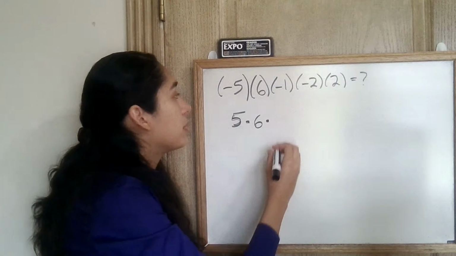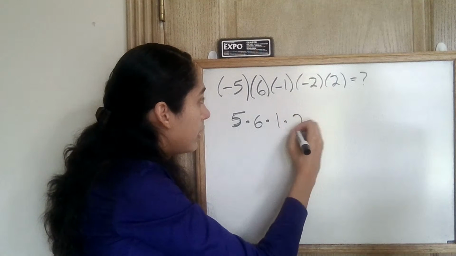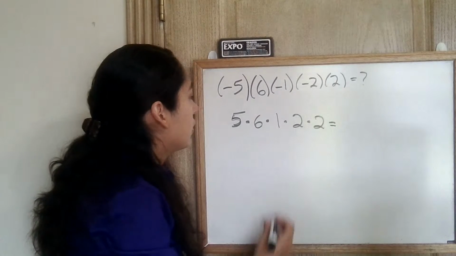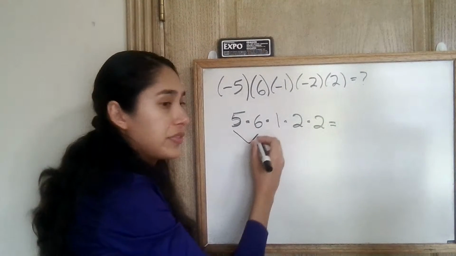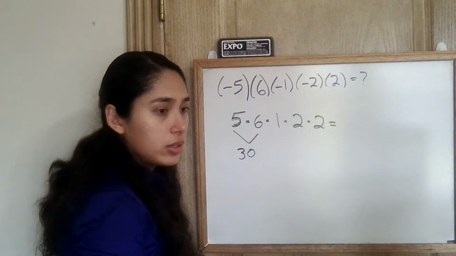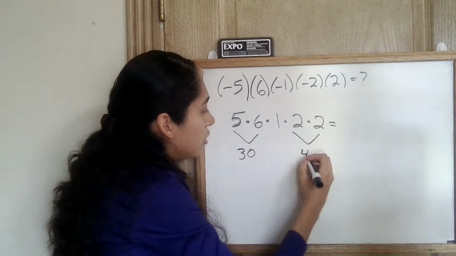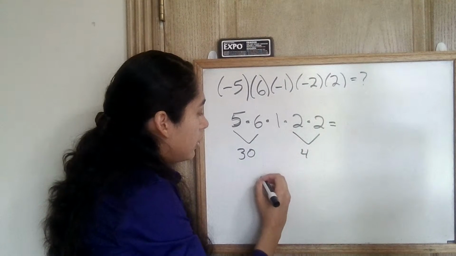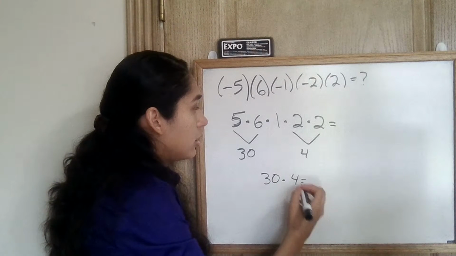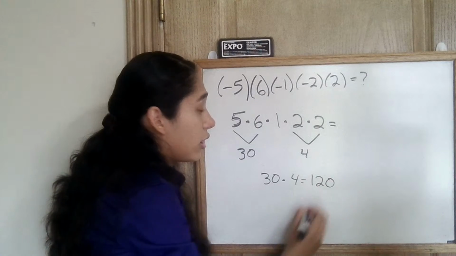This really just means multiplying by 1, by 2, by 2. I can simplify that as 5 times 6, same thing as 30. Why bother rewriting 1? Anything times 1 is itself. 2 times 2 is 4. So 30 times 4. 6 times 2 is 60, so then it's 120.